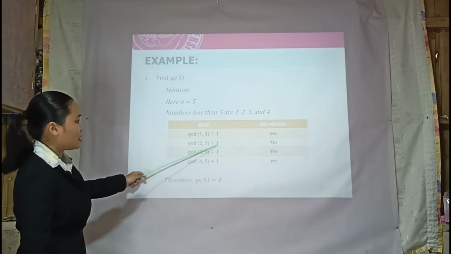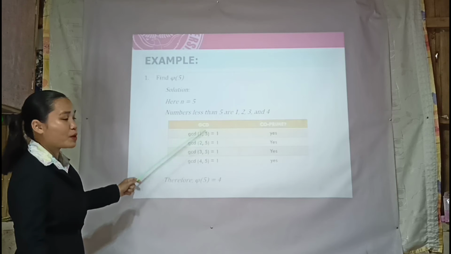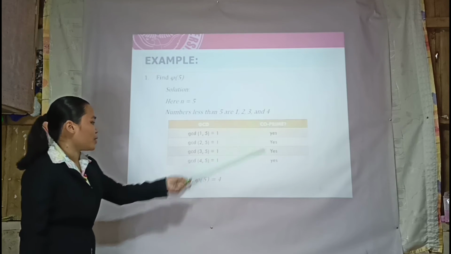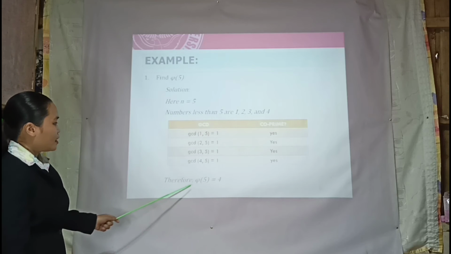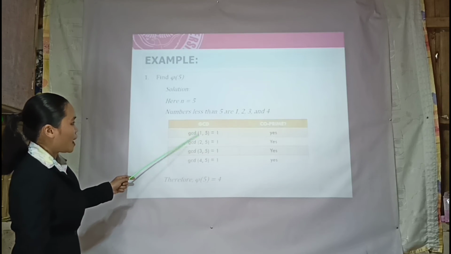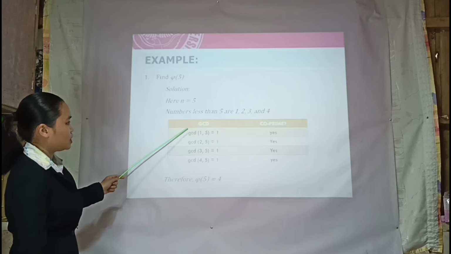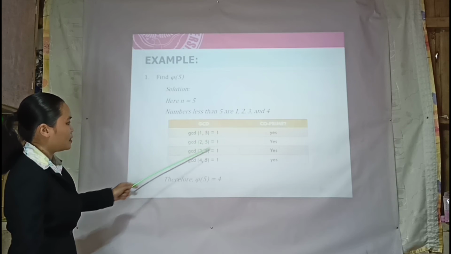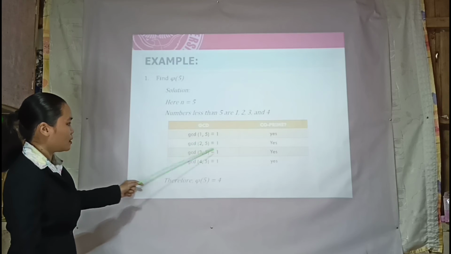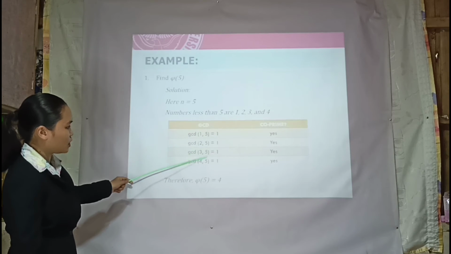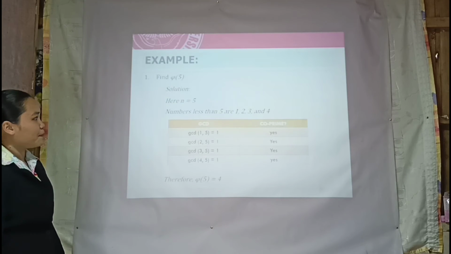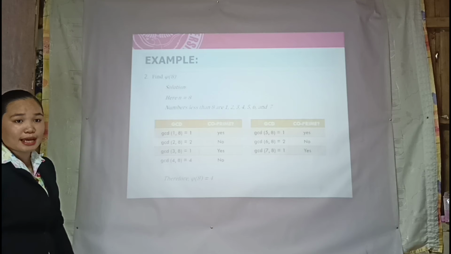Since the answer is 1, it is a co-prime, yes. Therefore, the phi of 5 is equal to 4, because 1, 2, 3, 4 are all co-prime to 5. So the answer is 4. Another example. Do you understand?